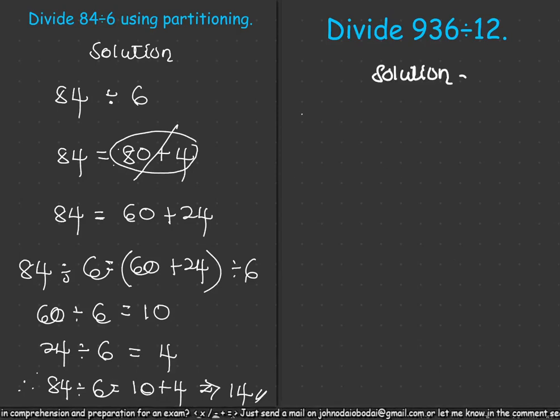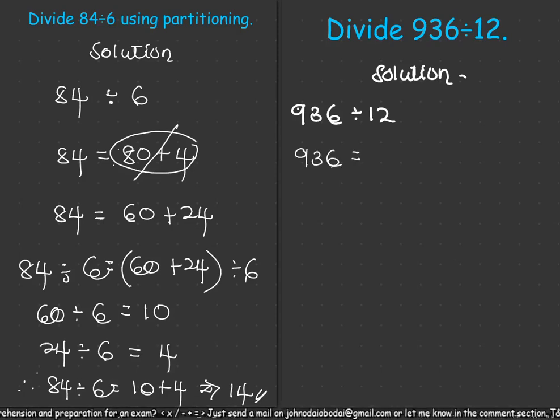So we'll rewrite 936 as a sum of two numbers that are equal to 936 and are both multiples of 12. We can rewrite it as 900 plus 36.